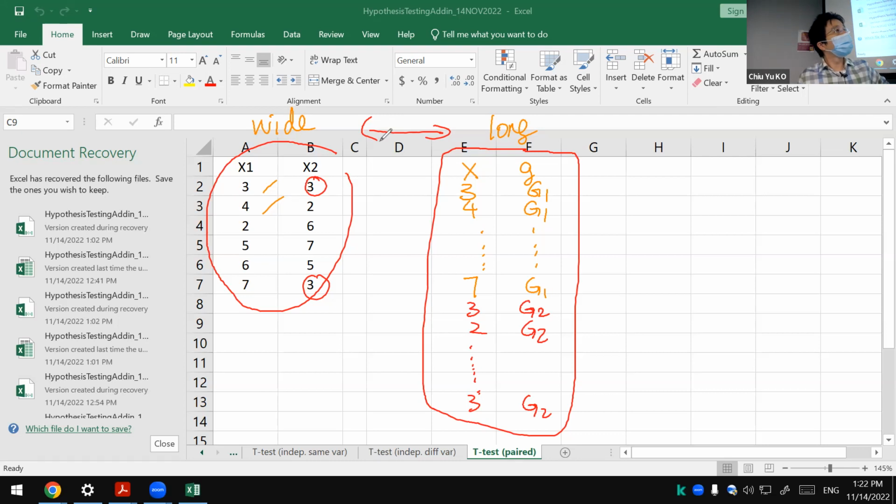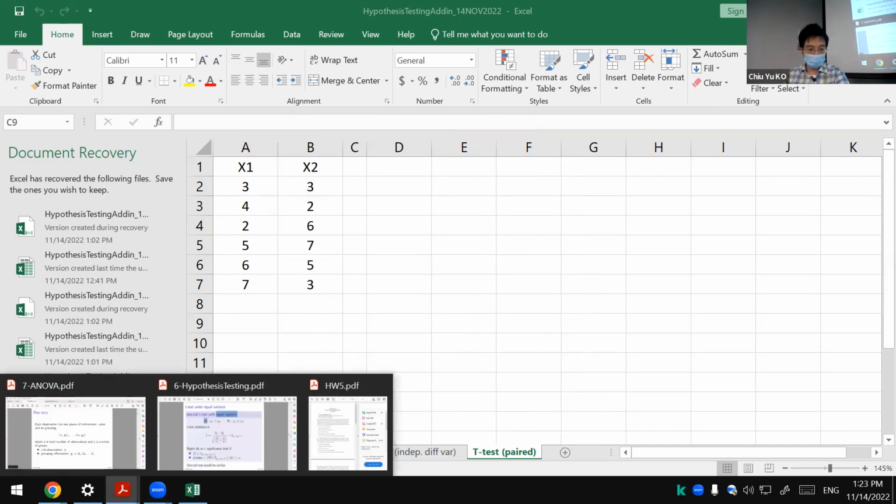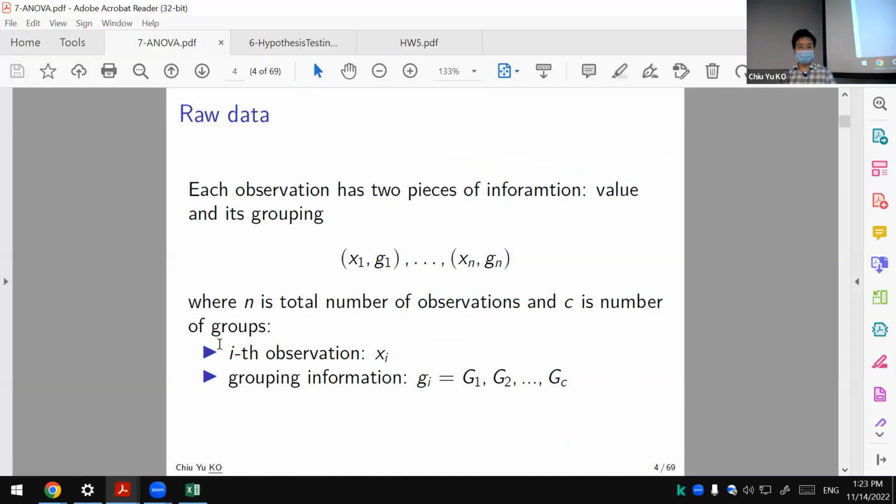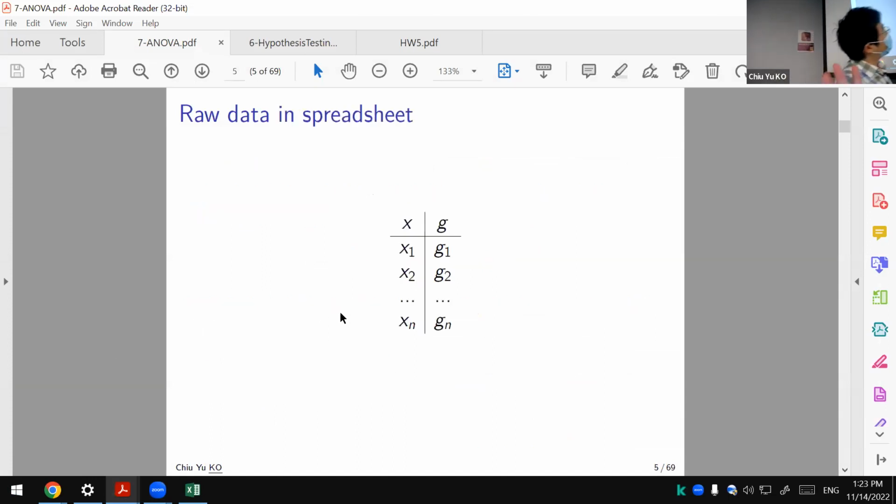That might be okay, but anyway, is there a question? So this is the data format, but I don't want to go into the details of it. This is the raw data from a spreadsheet.